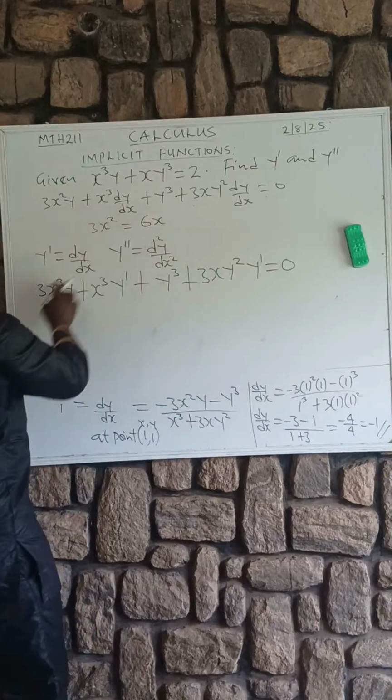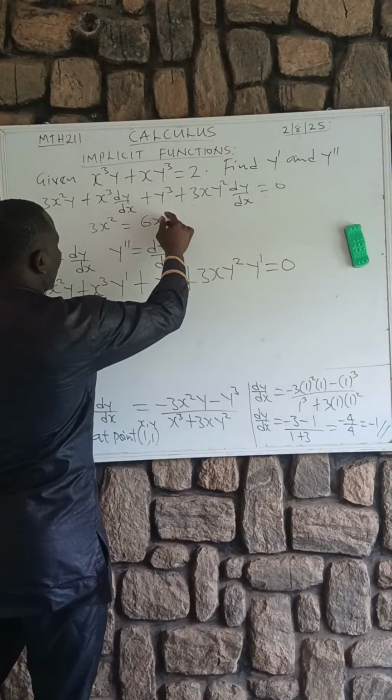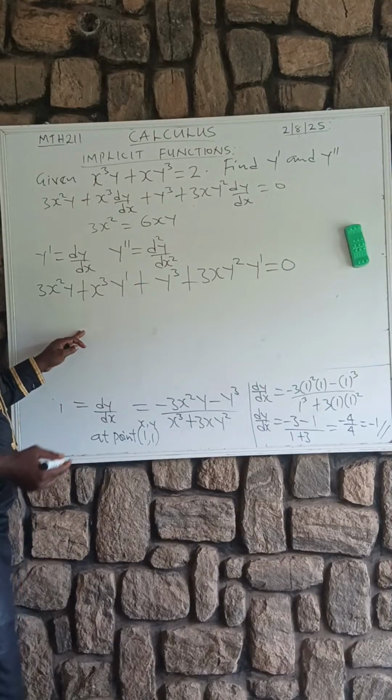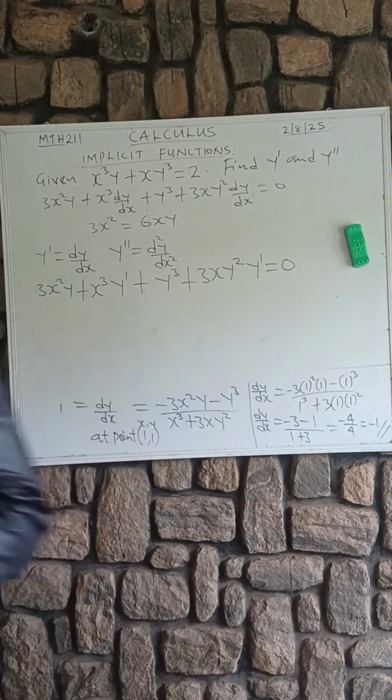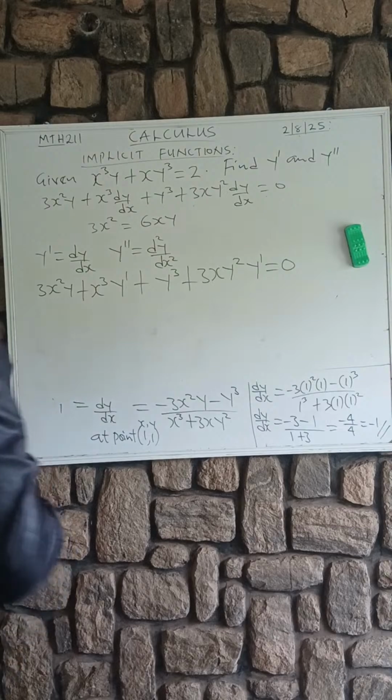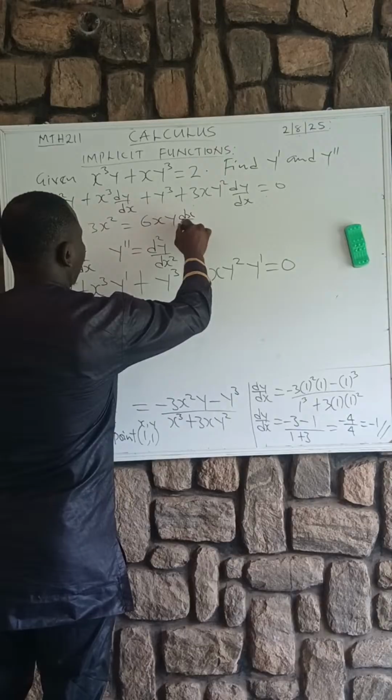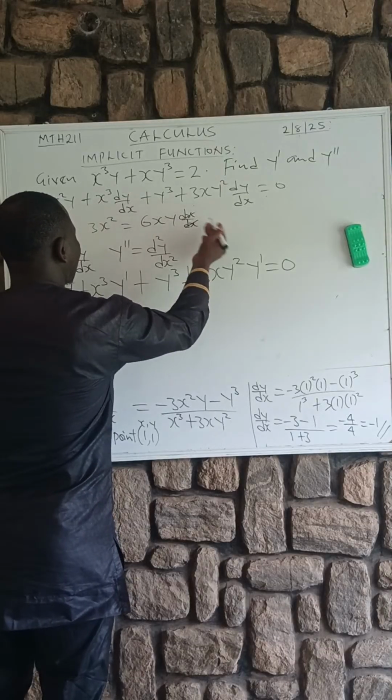If you use 6x to multiply y, you have 6xy, two of us. But you know very well that it's supposed to be dx over dx, so this and this will cancel.